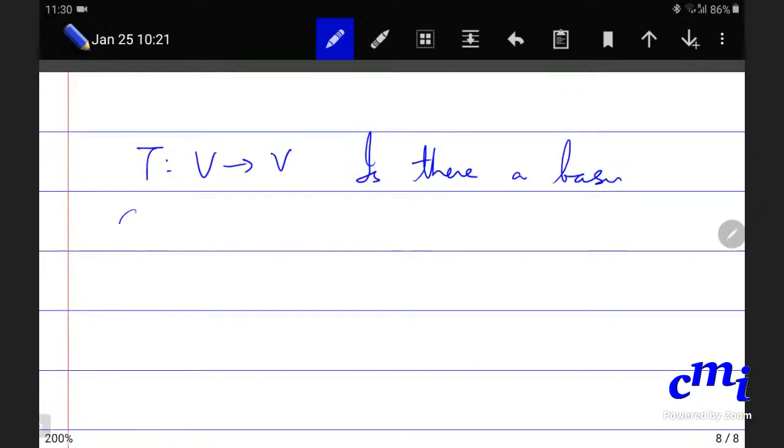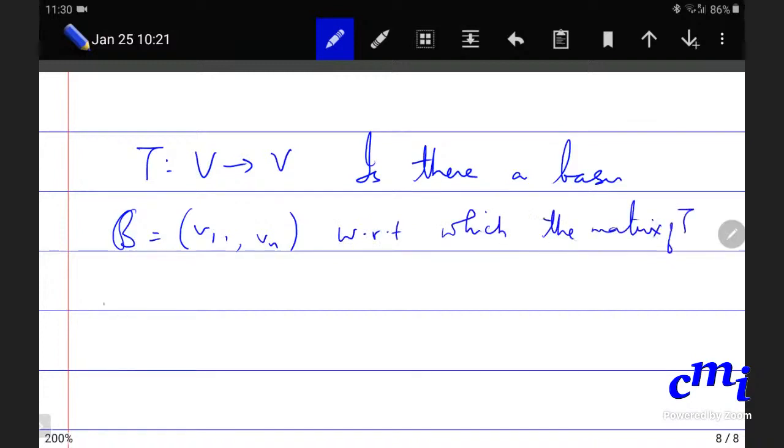So what we are asking is, T is a linear transformation from V to V. Is there a basis B, let us just call it V1 through Vn, with respect to which the matrix of T is diagonal, is triangular.